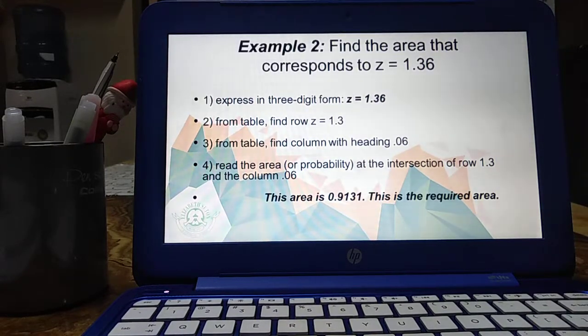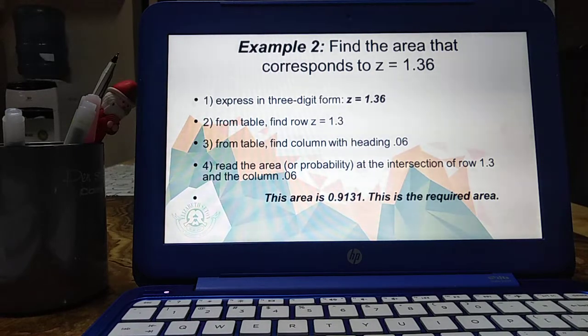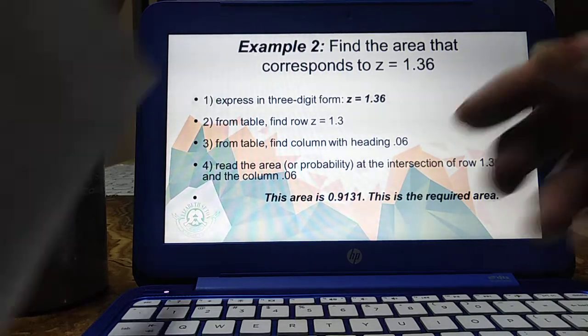Okay, next example. We have the z-value as 1.36. So first, we look for 1.3 in our rows.